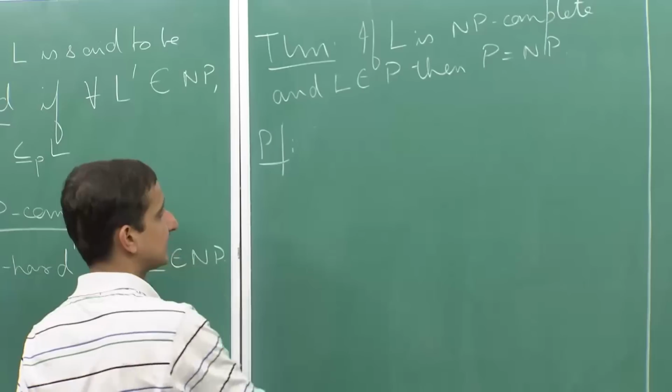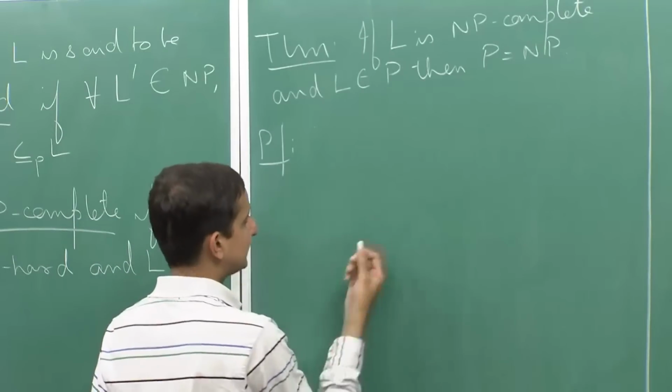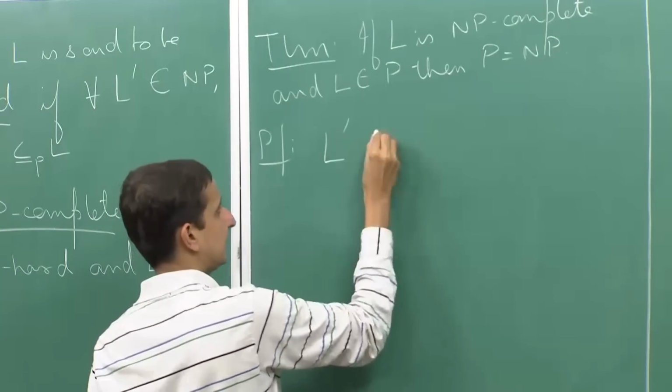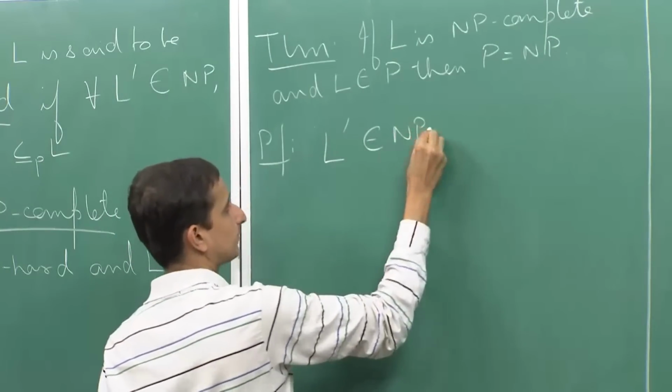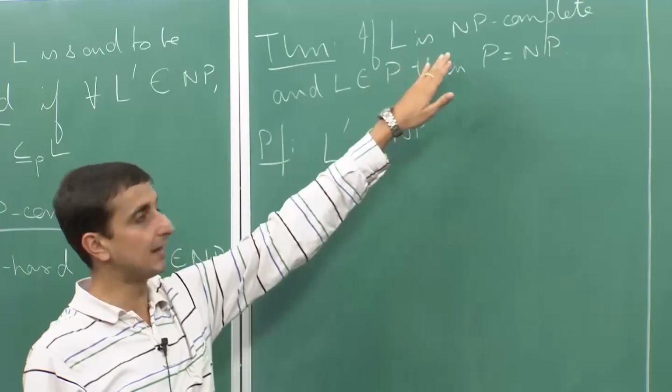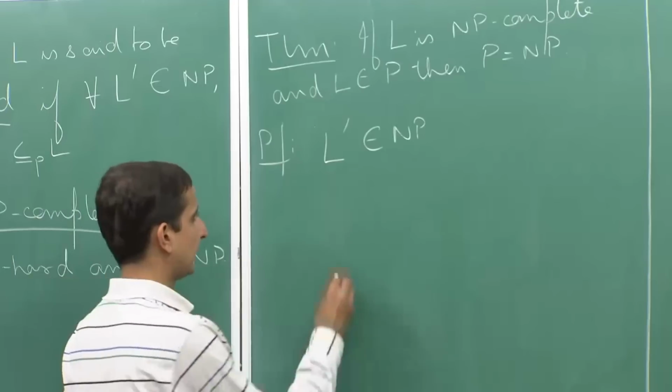The idea is as follows. Take any problem in NP. Let L prime be a problem in NP. Because L is NP complete, it means that L is NP hard.